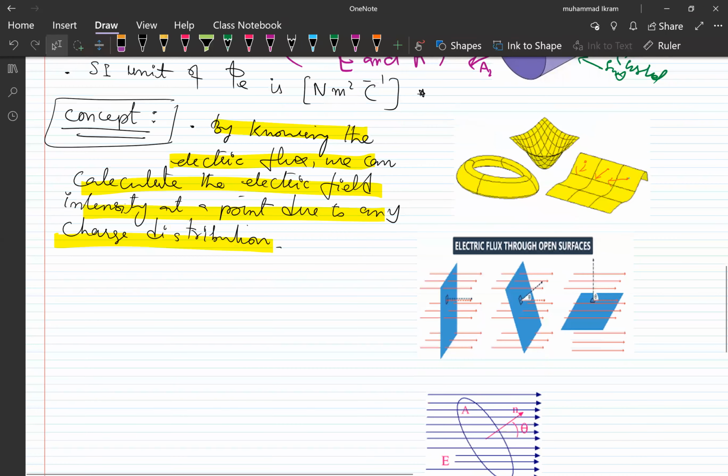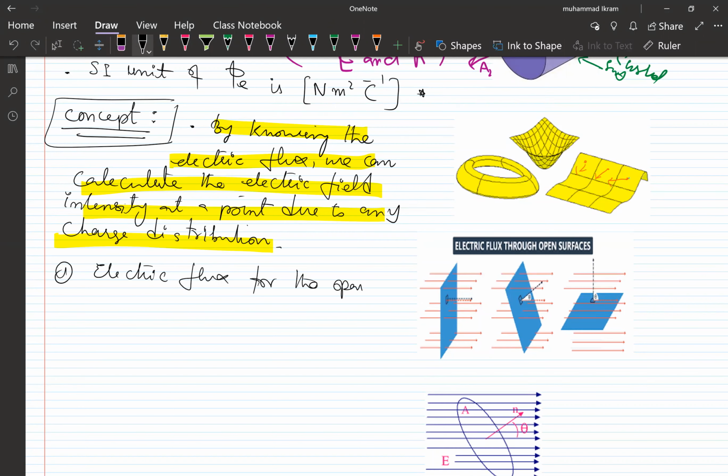Now, the electric flux for open surfaces. Electric flux due to the open surfaces. You see that in red, we have here the electric field intensities. As you see, this is just a single electric field, right? And these are the surfaces.